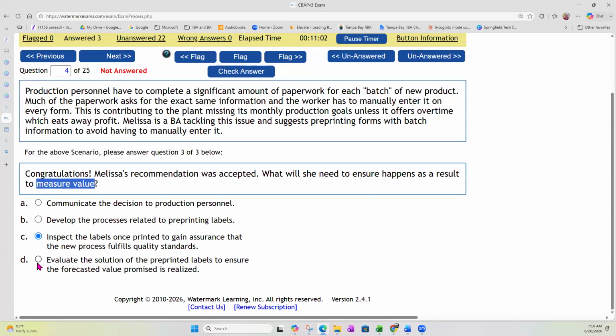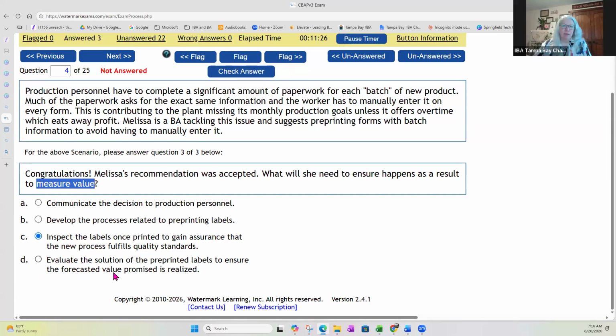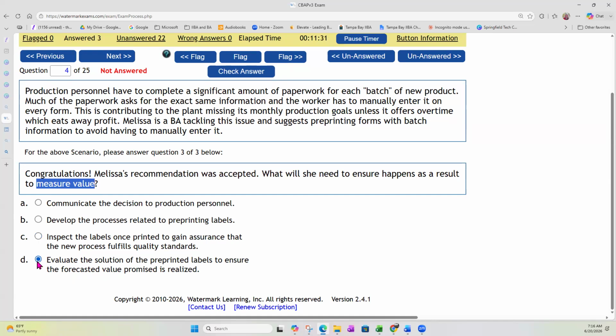Before you get to the stage where the labels are printed, probably you do a batch printing and then check it to make sure that what you've said from that batch printing really meets the value you already promised them. You told them it's going to do this. So I think I'll go with D. Okay. D does talk about forecasted value. Okay, I've got a vote for C and a vote for D.